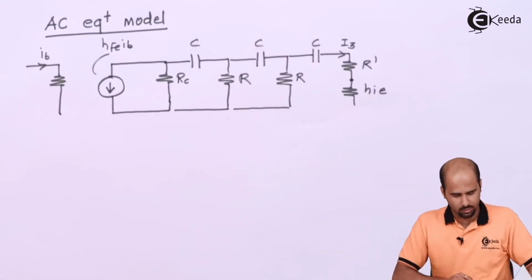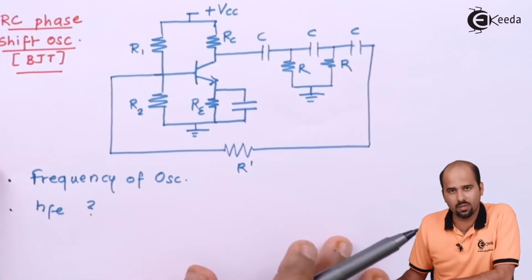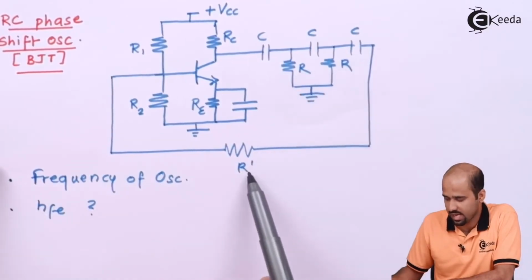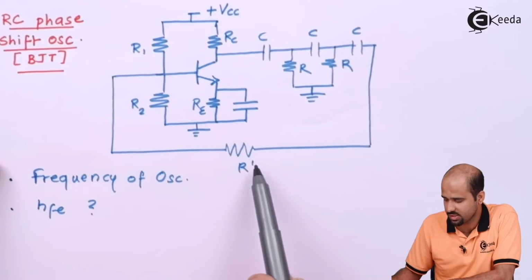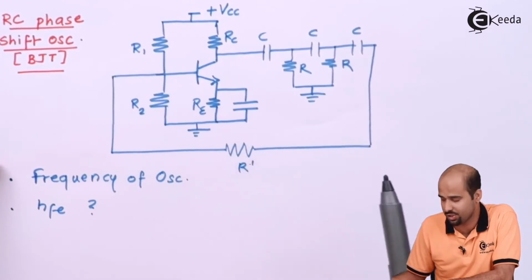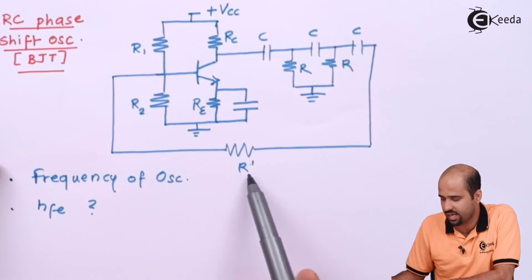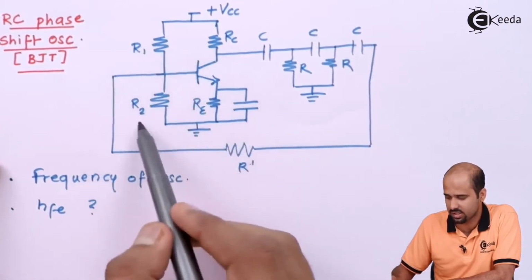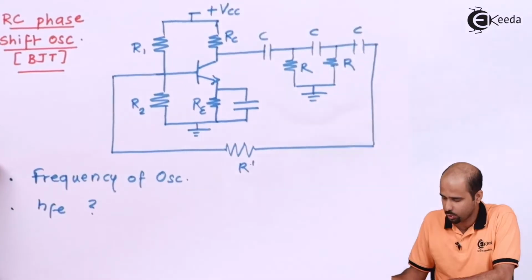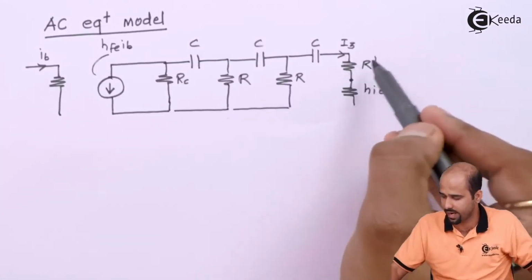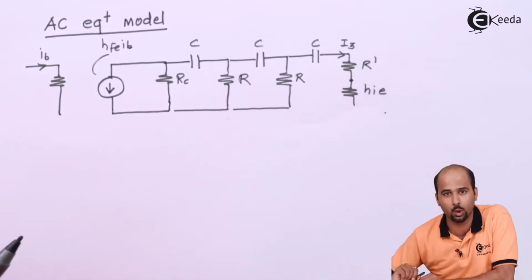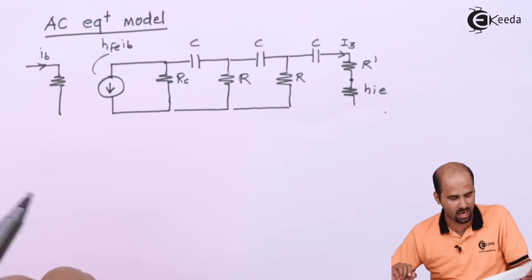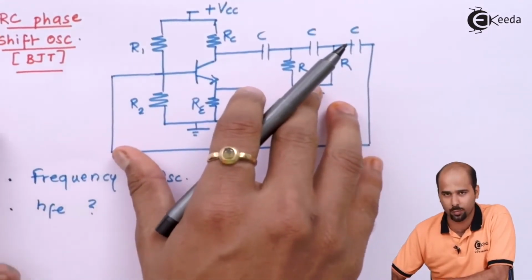See guys, if you have observed carefully, this is R, this is R, this is R dash, it is not R, right? This R dash is basically the combination of all these resistances and this resistance R that combines to your R value. So R dash plus HIE is the value of R. I am not considering R1, R2 in the picture, so you do not always have to put R1 and R2.